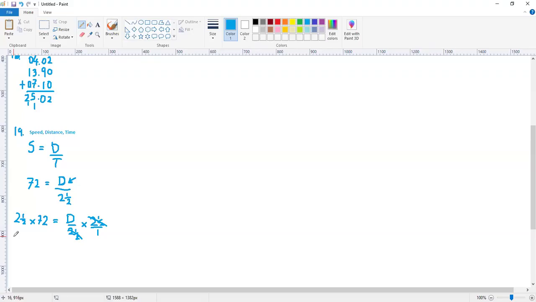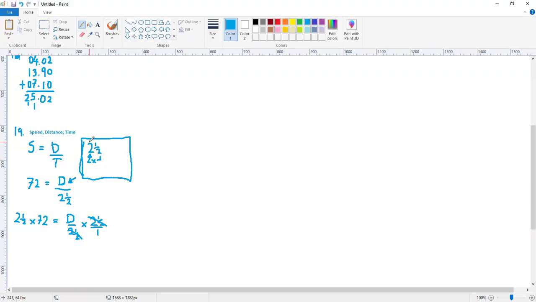Then maybe I'll just do a kind of reminder here, in a box. So 2 and a half. To change it to an improper fraction, I'm going to simply say 2, the denominator, times the whole number, 2.